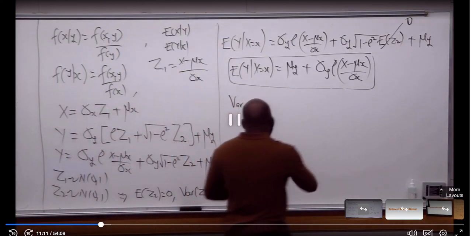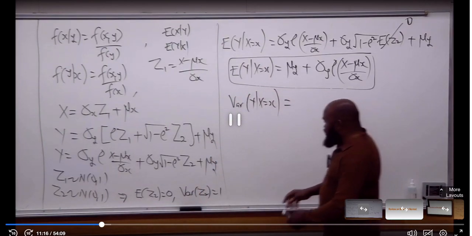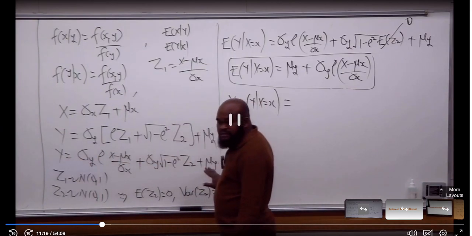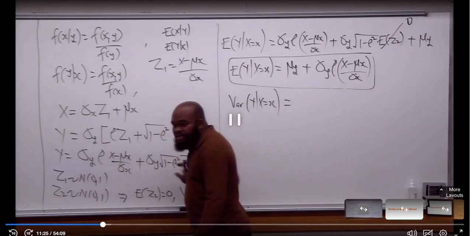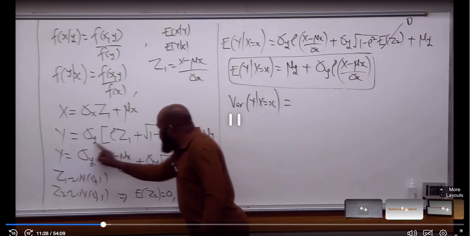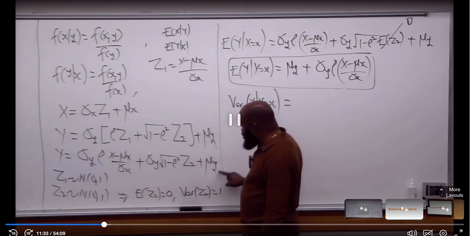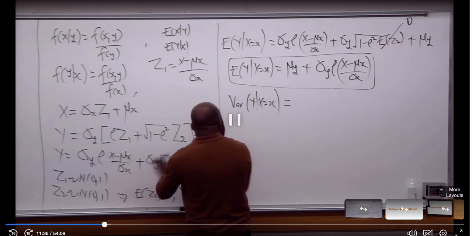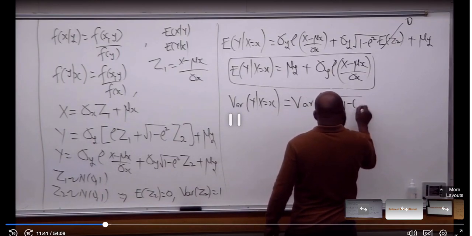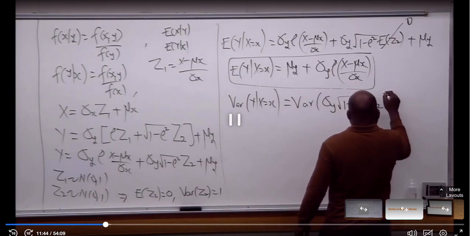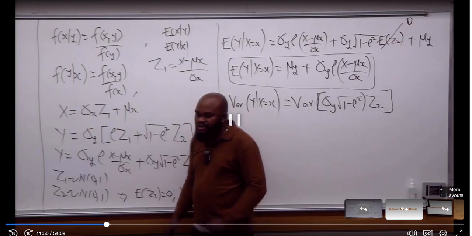Does that make sense? Okay, now let's look at the variance. I want to find the variance of this. If I want to find the variance of this, the only random variable is z2. All of this is going to be 0 because they are constants. I'm only going to have the variance of sigma y times z2, because the variance of this is 0 and the variance of that is 0.